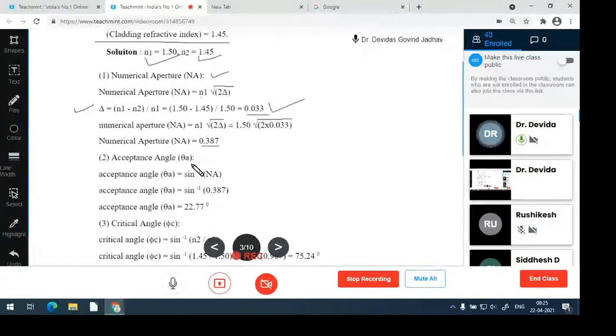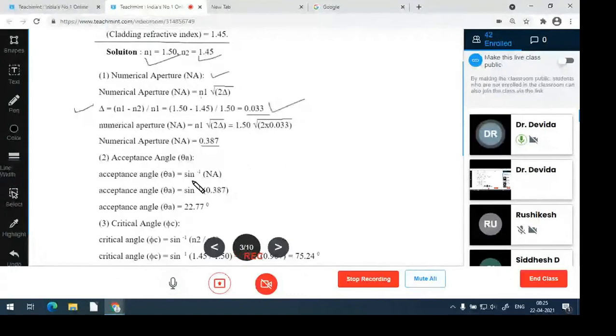Now the acceptance angle theta A. By definition, the numerical aperture is N0 sine theta A, and if the fiber and source are placed in air, then N0 is 1. N0 is the refractive index of the medium in which the fiber and optical source are placed.